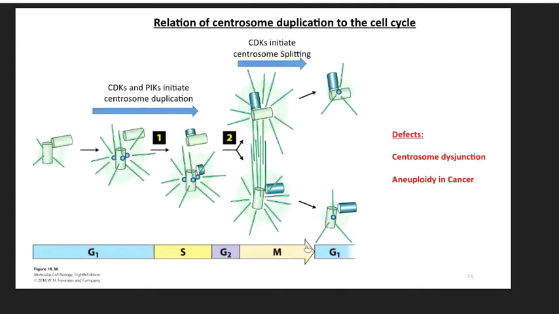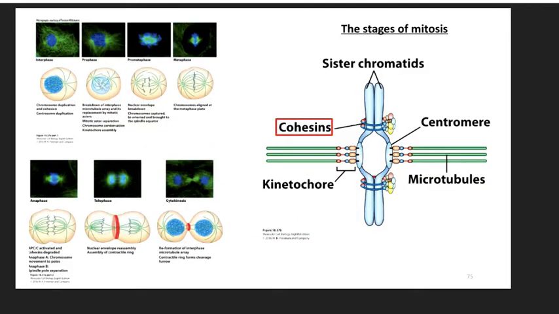Very general questions. CDKs, PLKs initiate centrosome duplication. CDKs initiate centrosome splitting in case of mitosis. Cohesin is the one which keeps them connected till the metaphase, because in anaphase they separate.